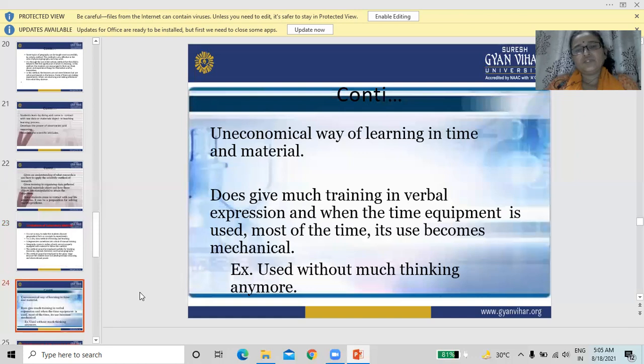It does not give much training in verbal experience, and when the equipment is used, most of the time it becomes mechanical. For example, use without much thinking.